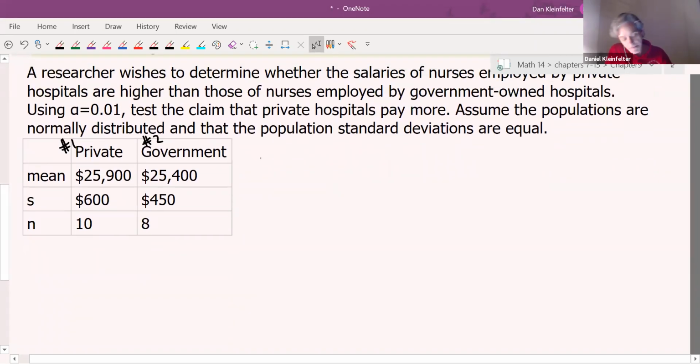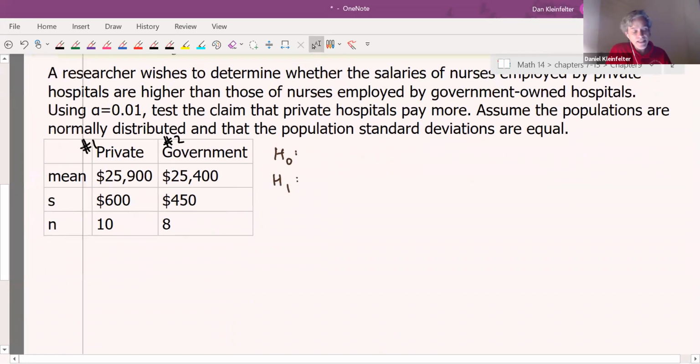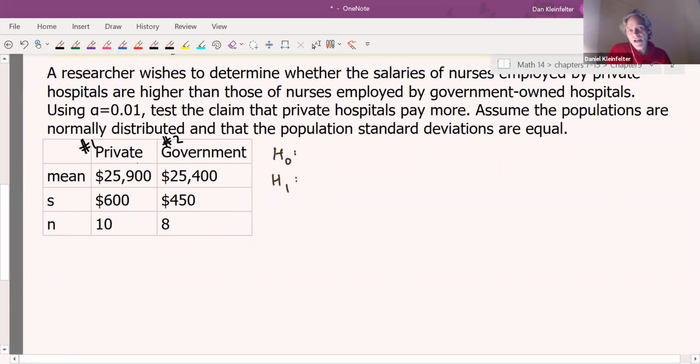Okay, so where should we start? We should state the hypotheses. So we'll have a null and an alternative hypothesis. For consistency's sake, I'm going to call the private hospital people population number 1. The employees of government-owned hospitals will be population 2. So the null hypothesis is that mean salary is going to be the same for both.